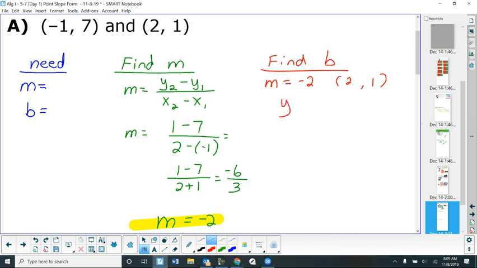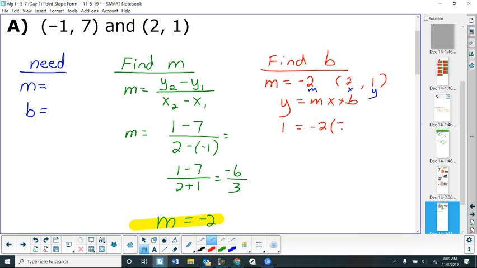So we're going to go into y equals mx plus b. What are you going to plug in for y? 1 equals -2 times x.